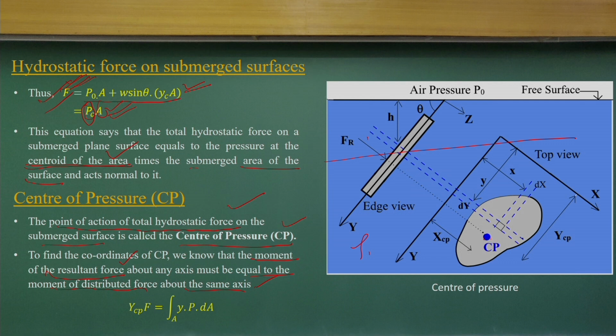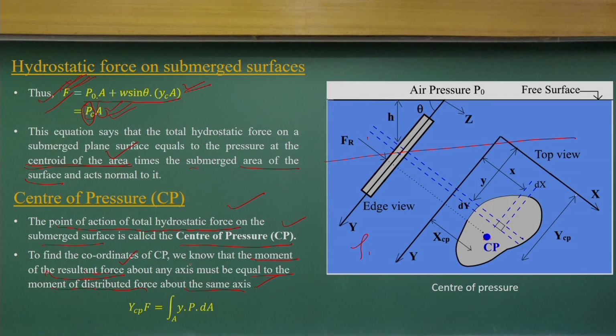We know the pressure distribution, just as there you know the load distribution, and you know the total force acting. Here also we have a total force acting because of this pressure distribution. Then you find where it acts by equating the moment of the resultant force and the moment of the distributed force. That means YCP into F. If you look at this figure, YCP is the distance from the x axis, XCP is in this direction, and this is the point Cp, the center of pressure.